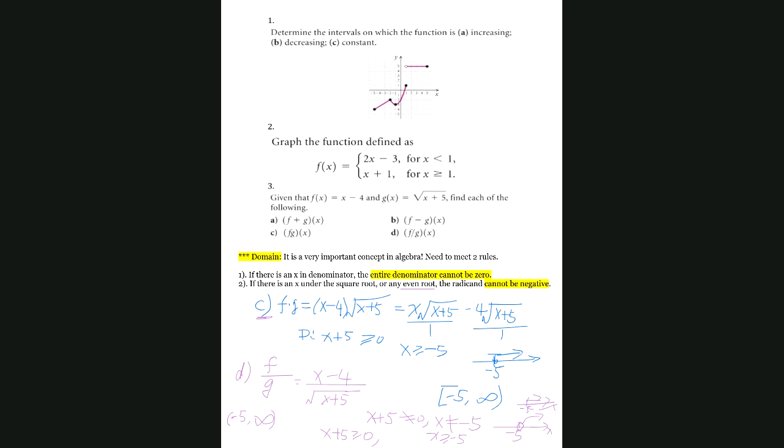Because pretty much in this chapter, it will ask you to find the domain. Addition, subtraction, multiplication, division is pretty straightforward. But domain, you have to be careful. Domain, you have to meet these two rules.